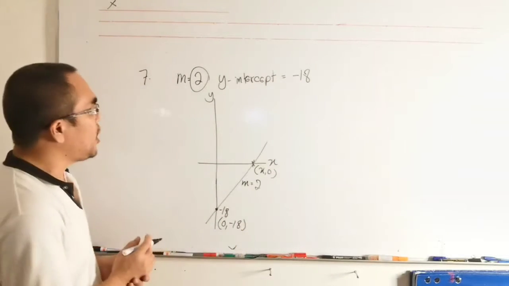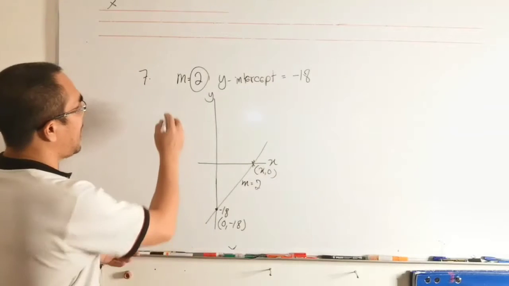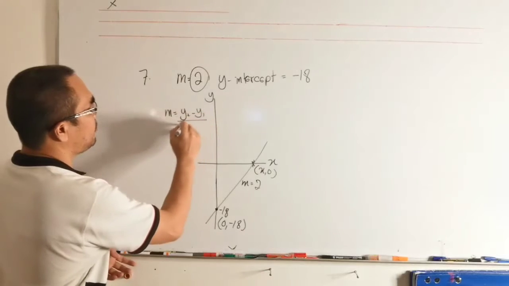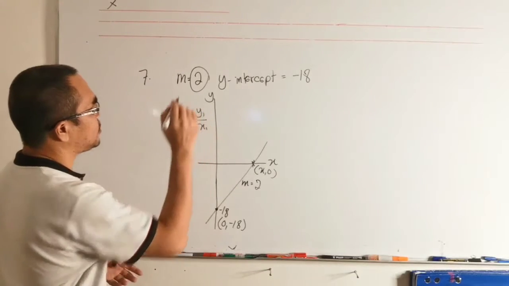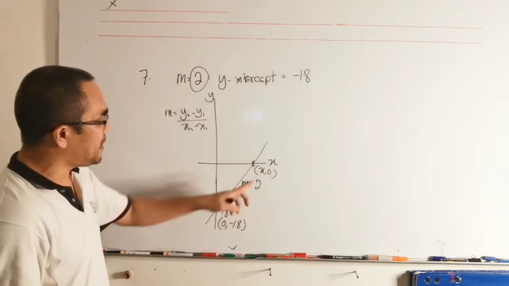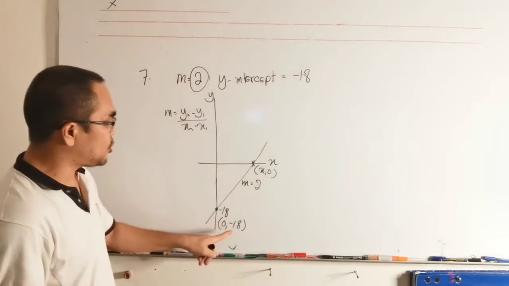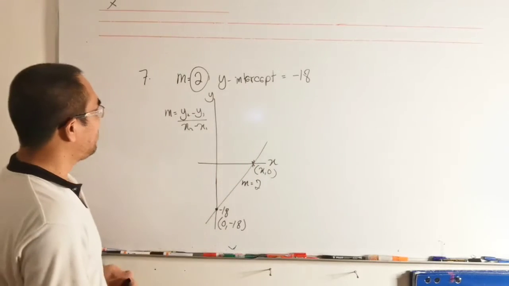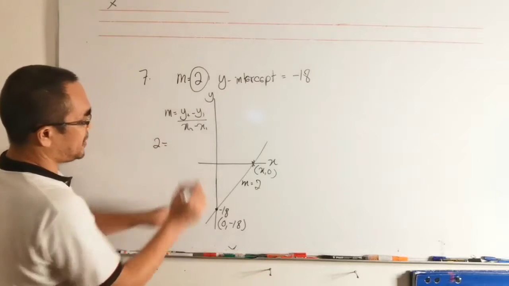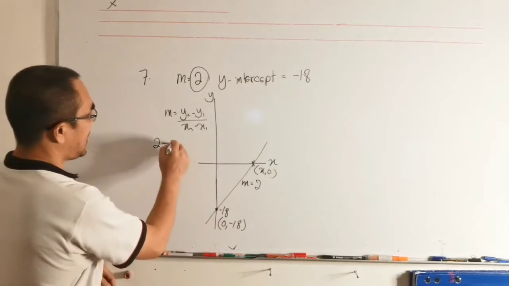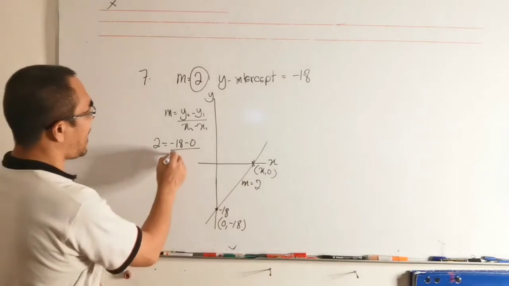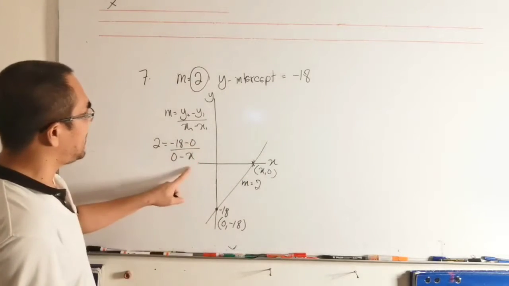So we create the equation m equals y2 minus y1 over x2 minus x1. Either one of these two could be x1, y1 and x2, y2, or the other way. So we say 2, which is the gradient, equals negative 18 minus 0 over 0 minus x, and solve this equation.